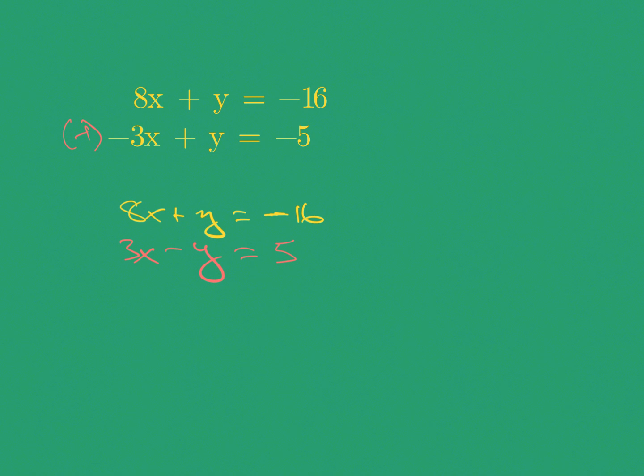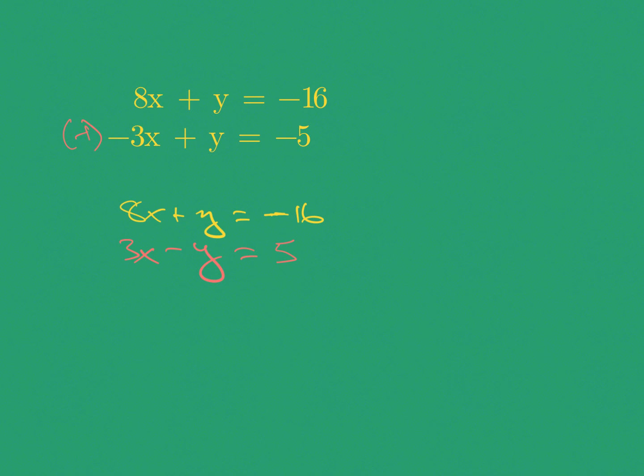You're going to have to start looking at how can I use multiplication to change some of these numbers to get what I want? I need a negative y down there to cancel with a positive y. I can change any sign by multiplying by a negative 1. You can do anything you want to an equation as long as you do it to everything in the equation. And that's what I did on the bottom. Everything got multiplied by negative 1.